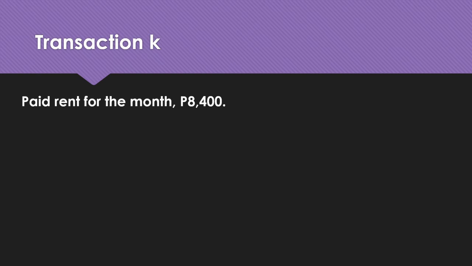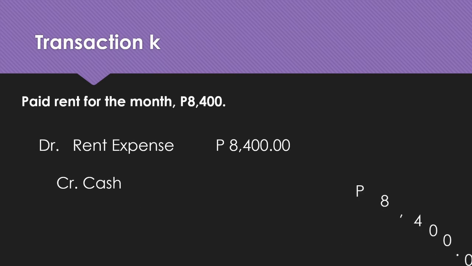So, since expense increased, you will debit rent expense. Now, paid. Once you see the word paid, your cash decreased. For expenses or bills, once you say the word paid, ibig sabihin, may cash involved. So, you credited cash 8,400.